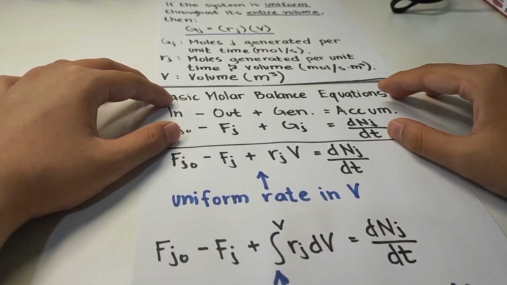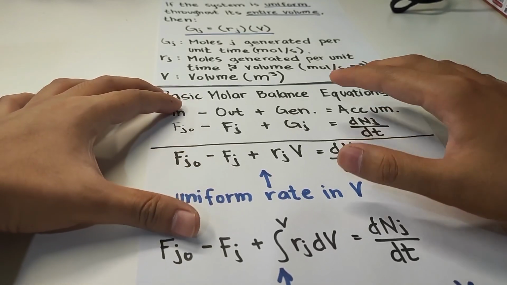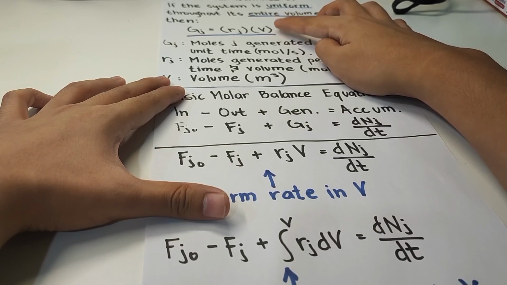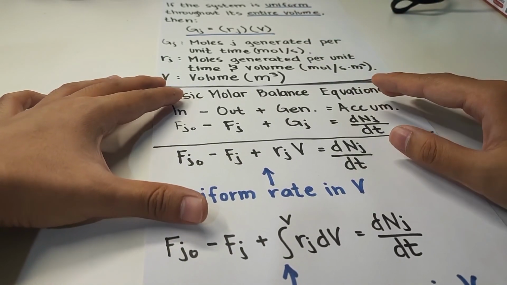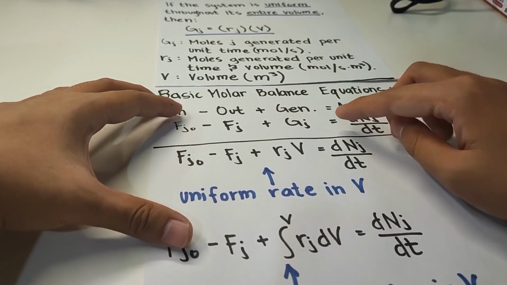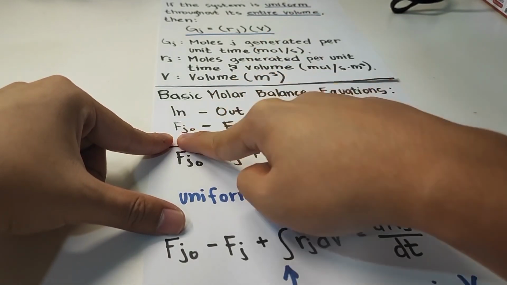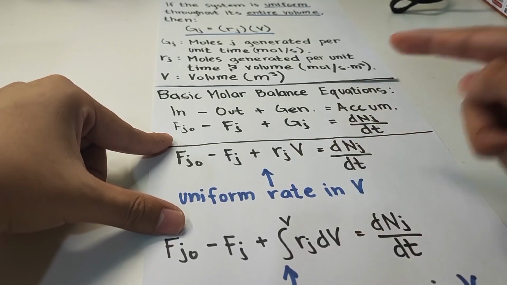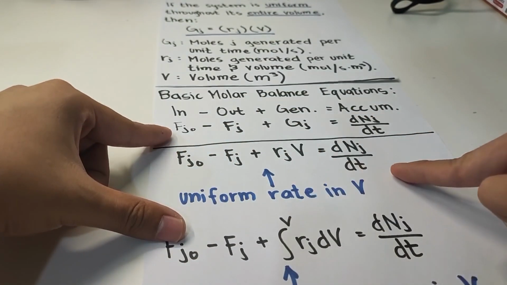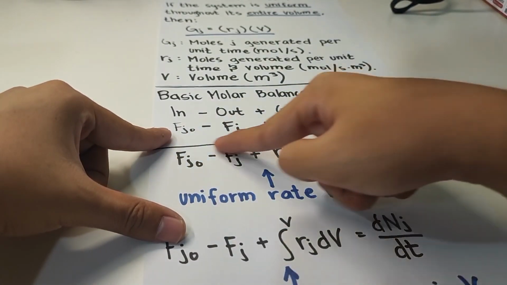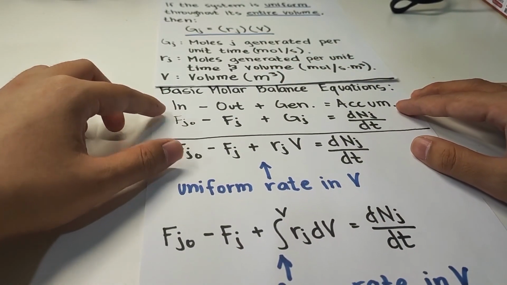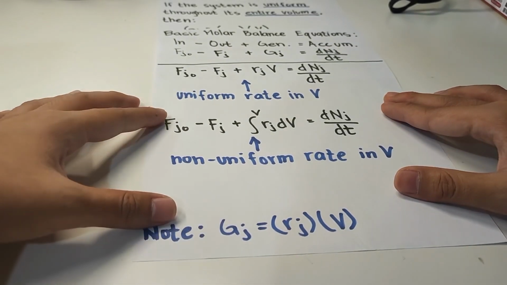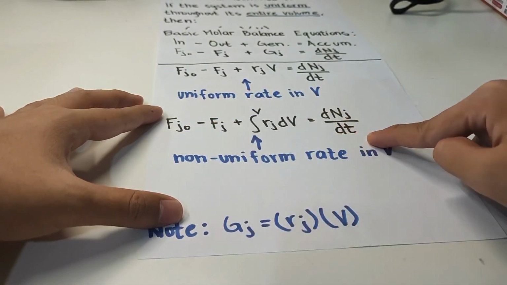Remembering that Gj equals Rj times V for a uniform rate in V, Gj is now Rj times V. This is the equation for a uniform rate in V. And for a non-uniform rate in V, we have this equation.